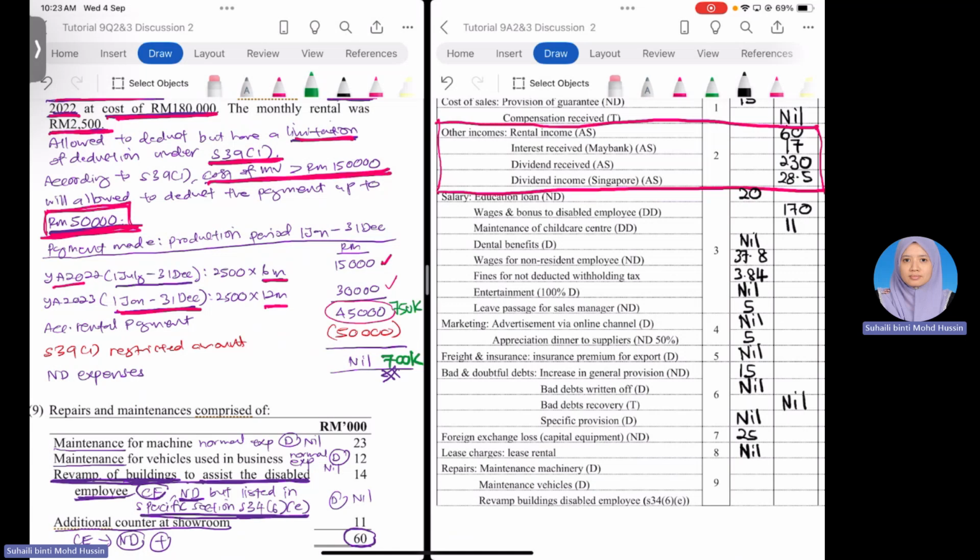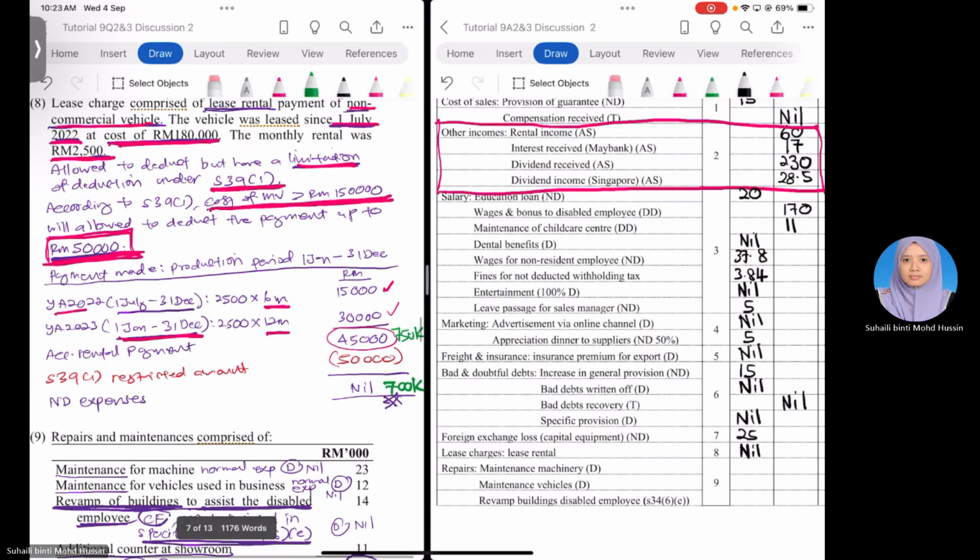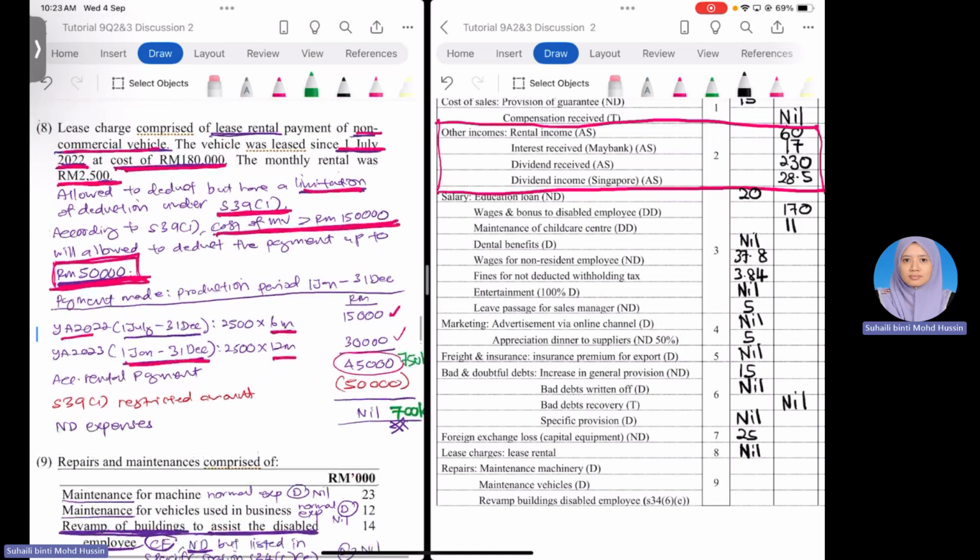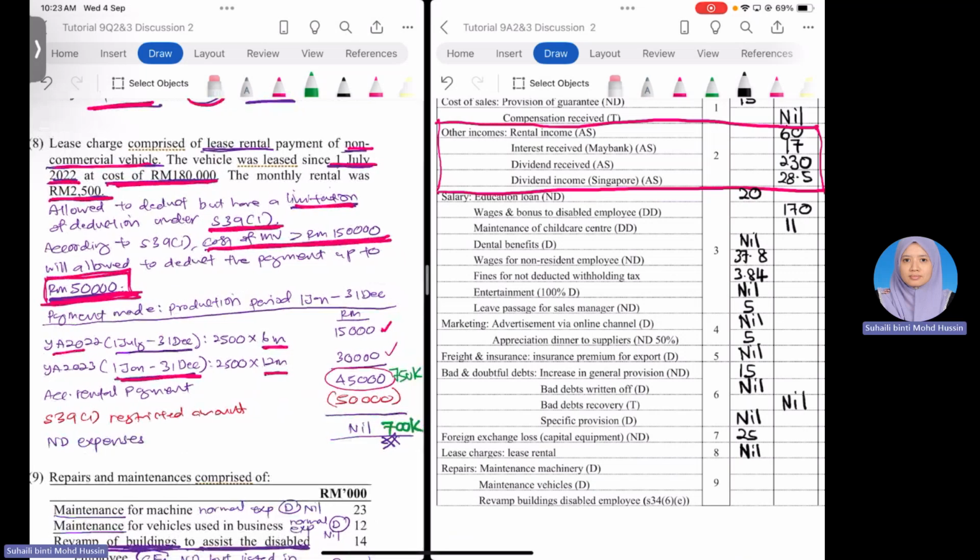Okay, right, that one is number 8, lease rental. This one came out in the last semester's final exam, lease rental, but the majority calculated it wrongly.